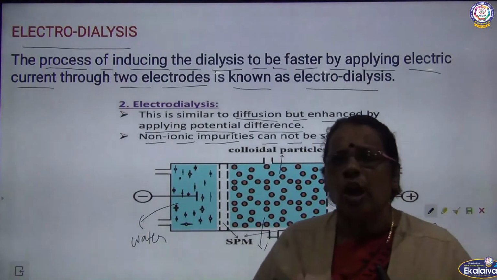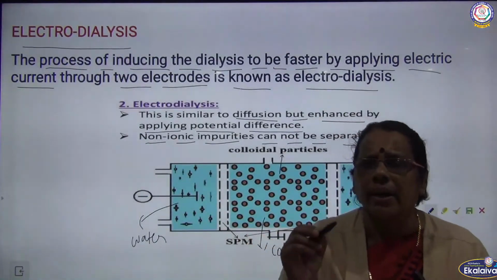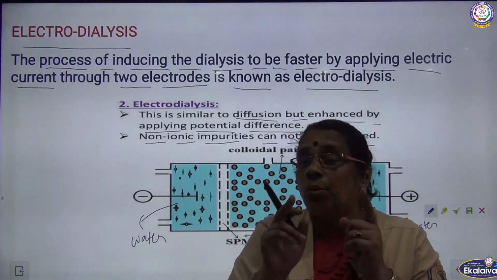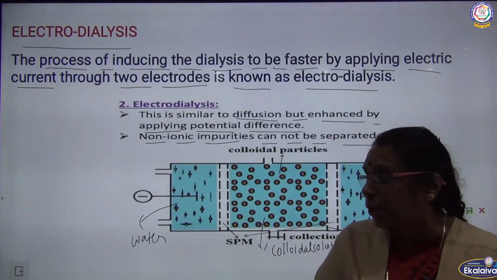Is it not? So on passing current what will happen? The ions which are present as impurities in your colloidal solution will move towards the oppositely charged electrode.